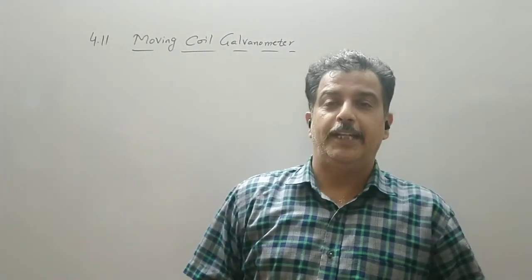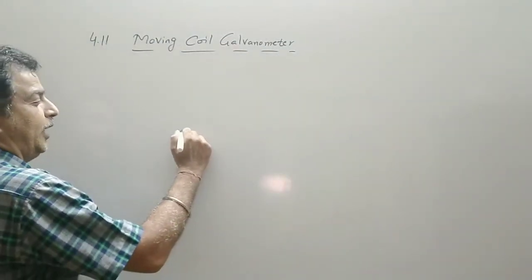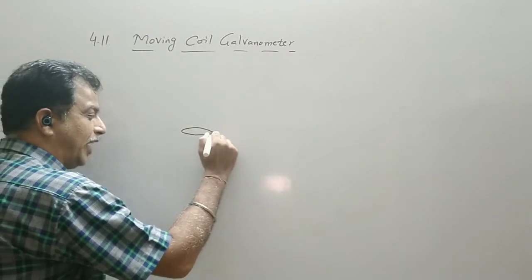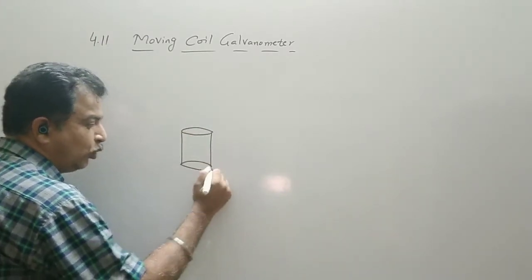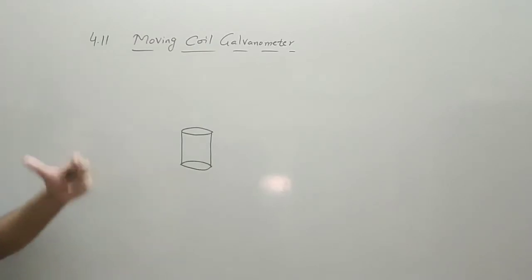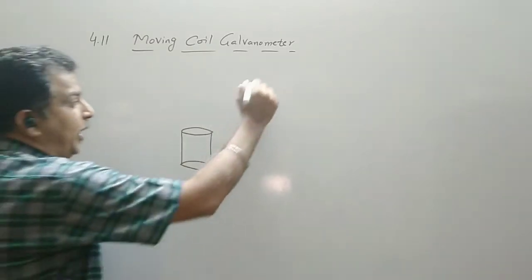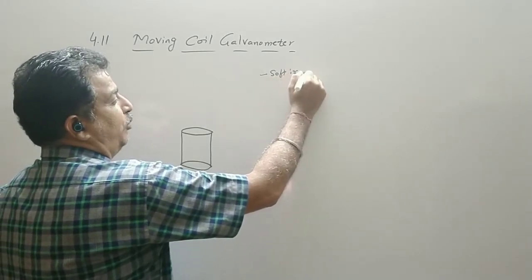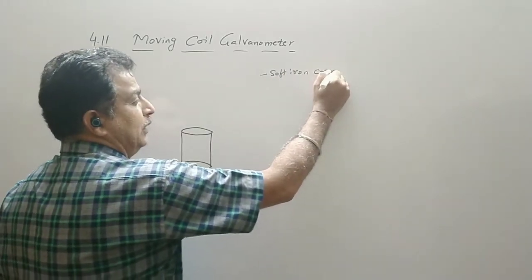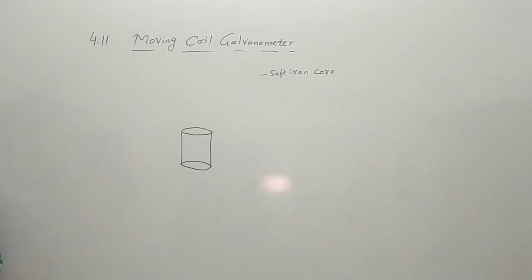Now we have to create a radial magnetic field. So we take the help of a soft iron core. This is a soft iron core in the form of a cylinder. The name is clear, it is made up of iron, it is very soft and the shape is cylindrical.